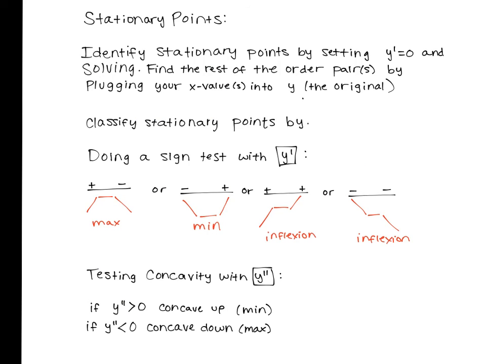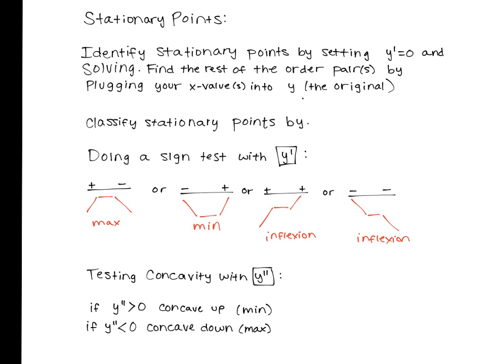Okay, so lastly, I just have a summary of what we've been talking about. So there's two kinds of points that we've been talking about. Stationary points are whenever the first derivative is equal to 0, okay? And basically a stationary point could be a local max, it could be a local min, or it could be an inflection point.